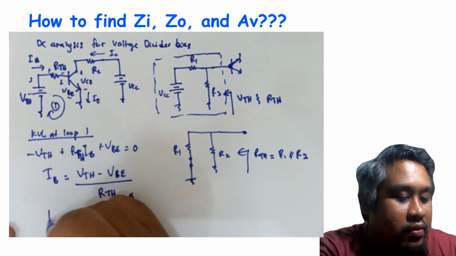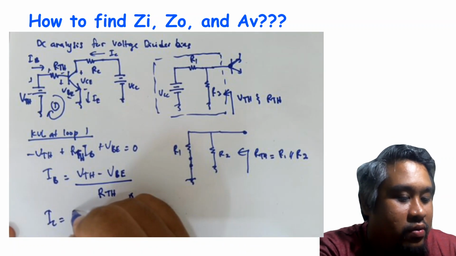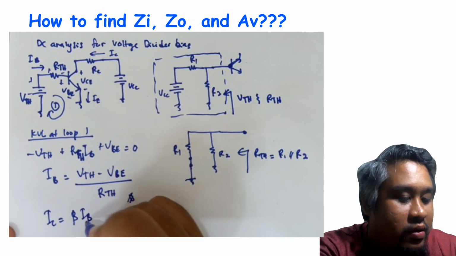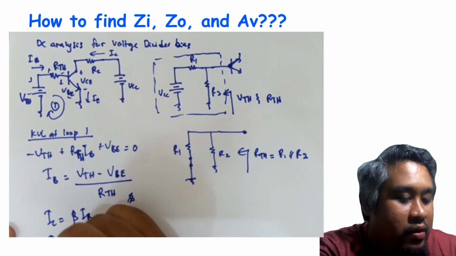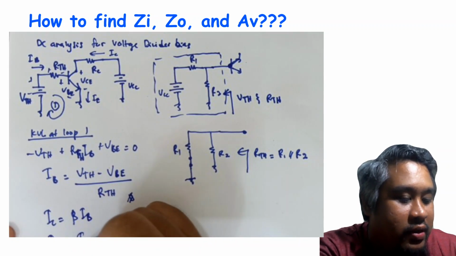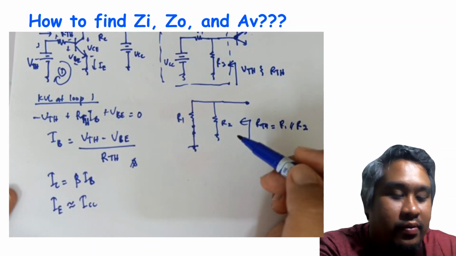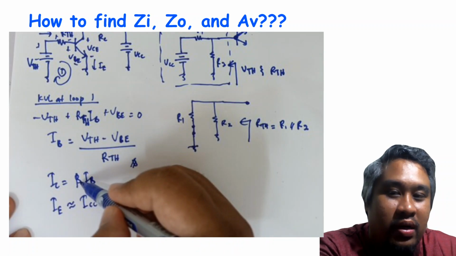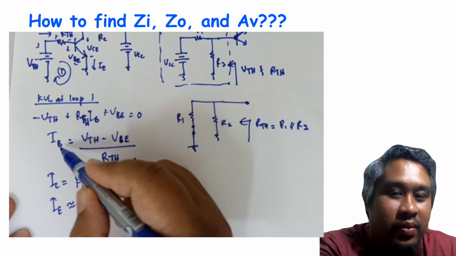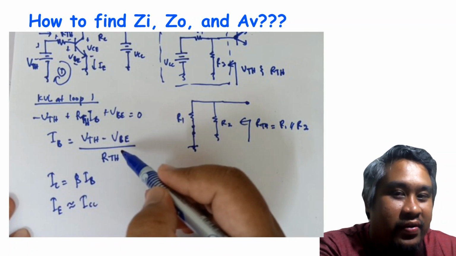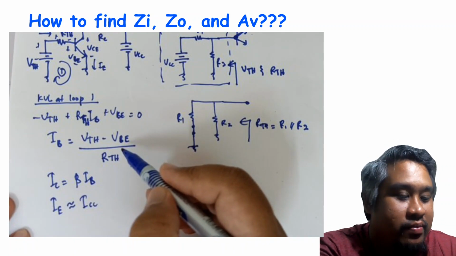Then we find IC equal to beta IB, after we found IB by deriving the equation, and then IE equal to IC.